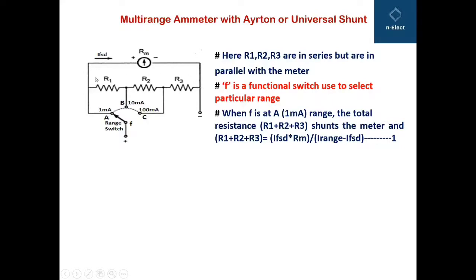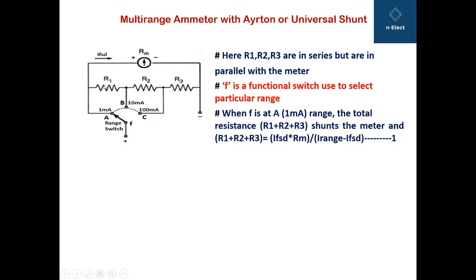Now voltage in this branch is very similar to the voltage in this branch, and voltage in this branch will be IFSD into Rm. So the voltage we have taken as IFSD into Rm divided by the current flowing through this branch. Now total current flowing is I range, out of which IFSD will flow through the meter and ISH will flow through the shunt resistor.